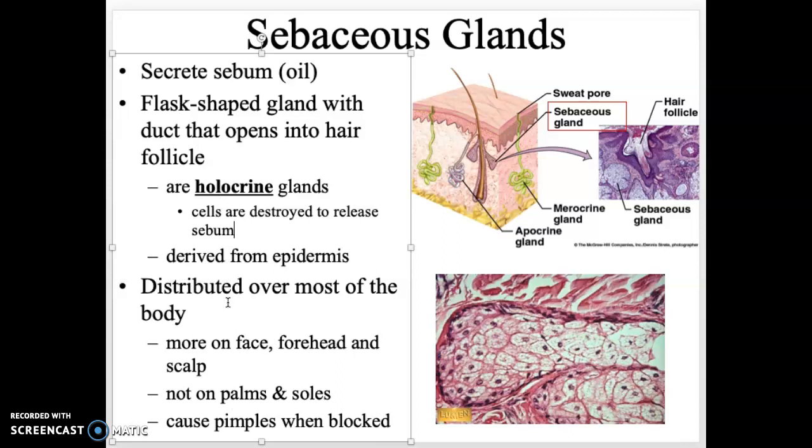And these you find throughout the whole body, but there are a lot more on the face, forehead, and scalp, and this is what causes acne when they get blocked. So the gland gets blocked, and then it gets clogged, and then you get that redness and bacteria come in, and that's what acne is.